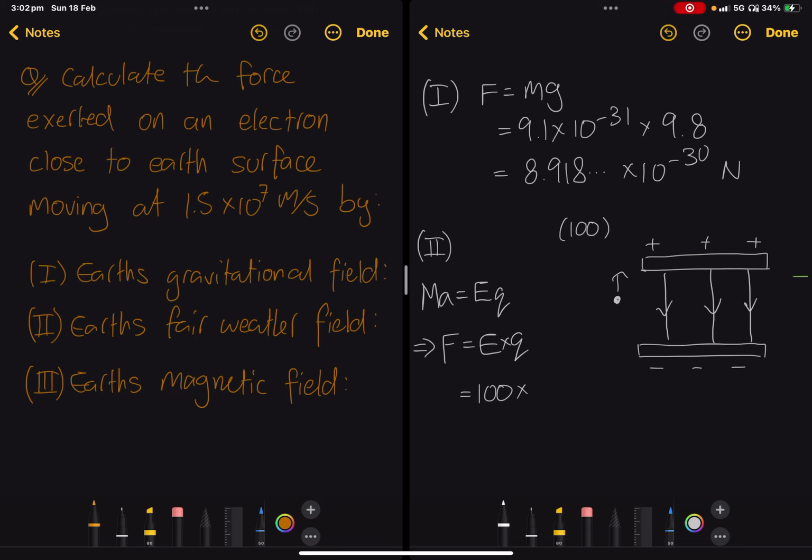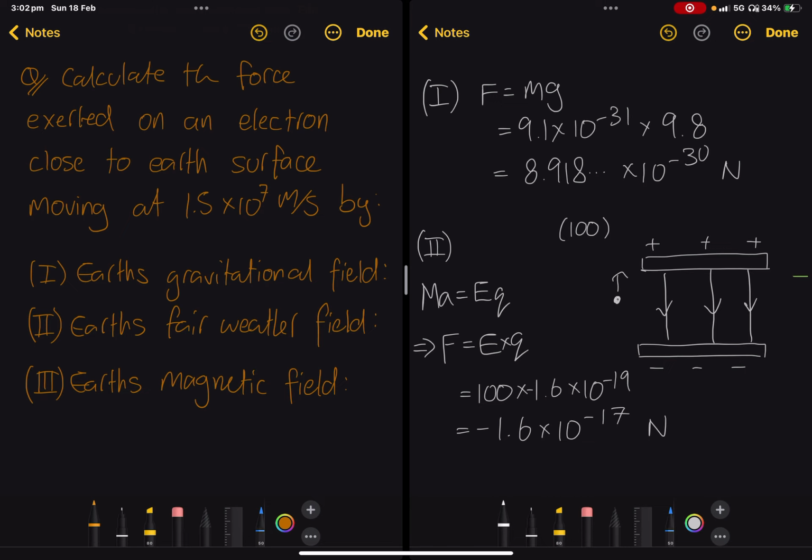The charge of an electron is minus 1.6 times 10 to the minus 19 coulombs. So 100 is 10 squared, and this will be minus 1.6 times 10 to the minus 17 newtons.